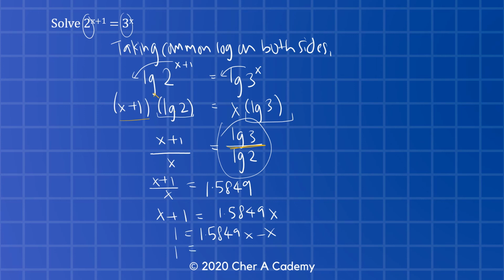So 1.5849 minus 1 will give me 0.5849 x. Then I'll use the calculator to divide by 0.5849. I'll get 1.7096, which is 1.71 corrected to 3 significant figures.